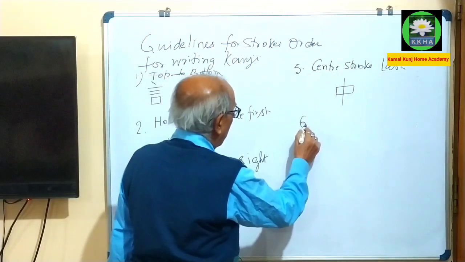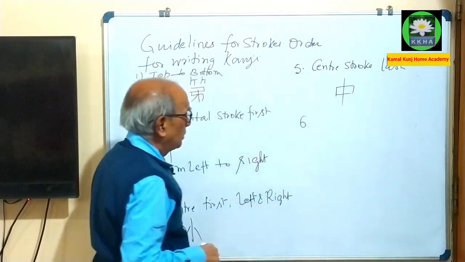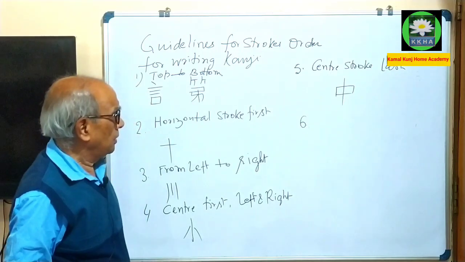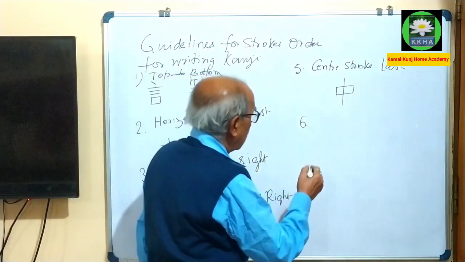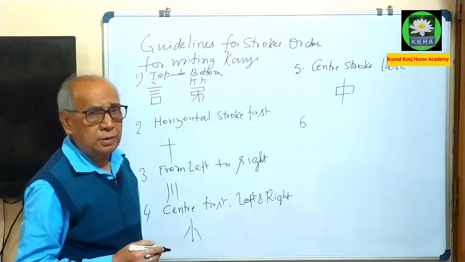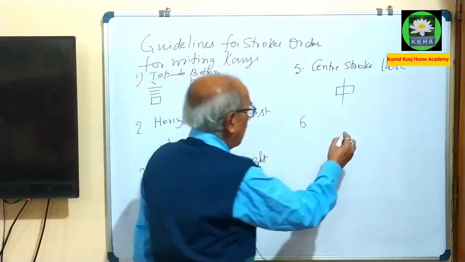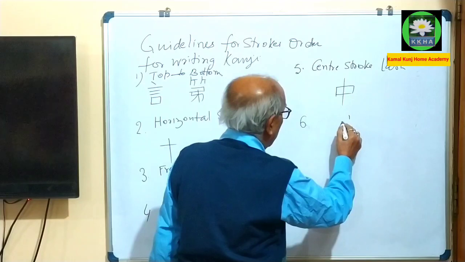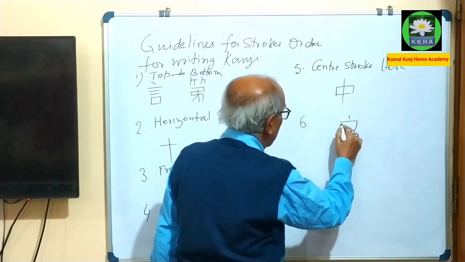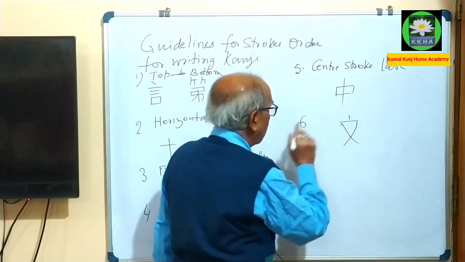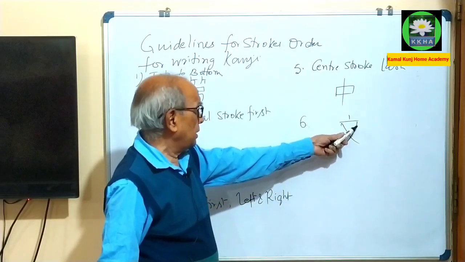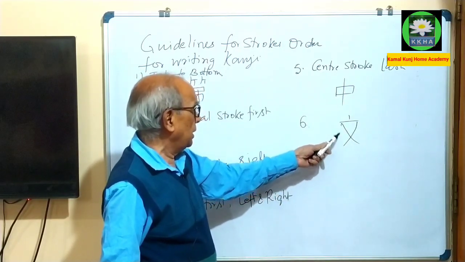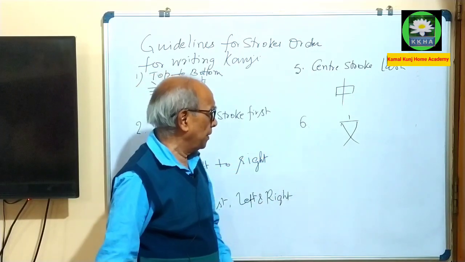Number 6. In case of diagonal strokes, first right to left and then left to right. In case of diagonal stroke, first right to left and then left to right.